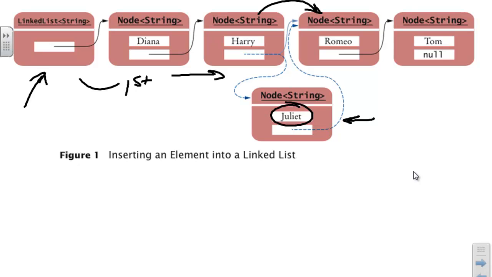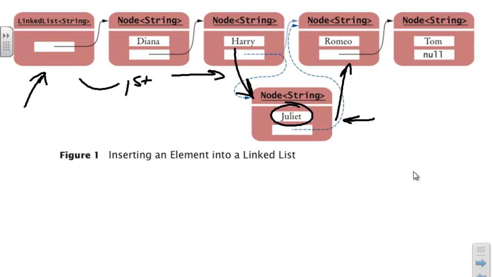So first you have to save how to find Romeo. You copy Harry's reference to Juliet. So now I've got both Harry and Juliet pointing to Romeo. Then, after I've saved it so I don't lose the data, I have Harry point towards Juliet, and now it's in between.